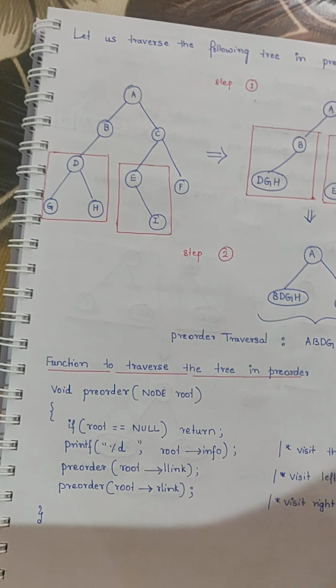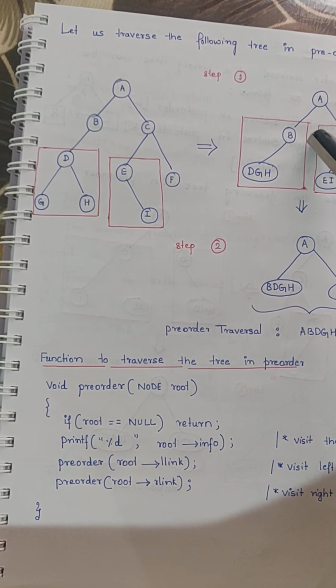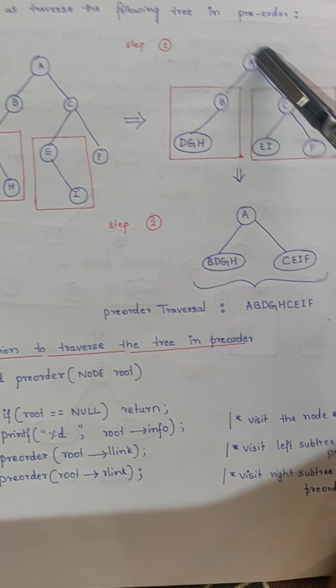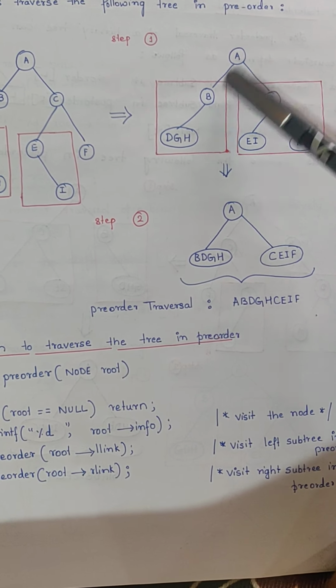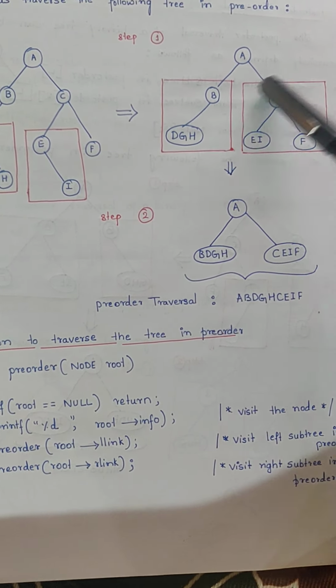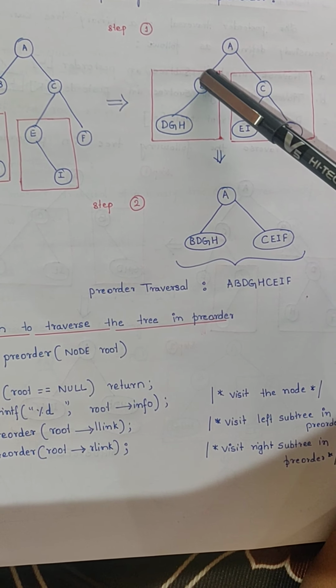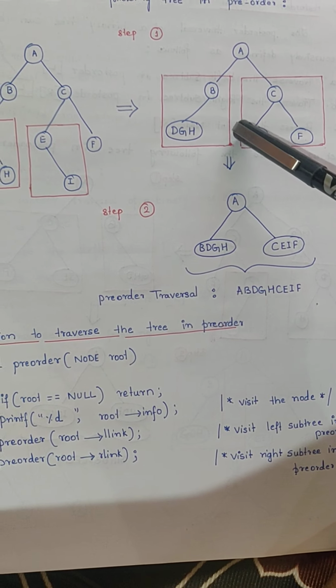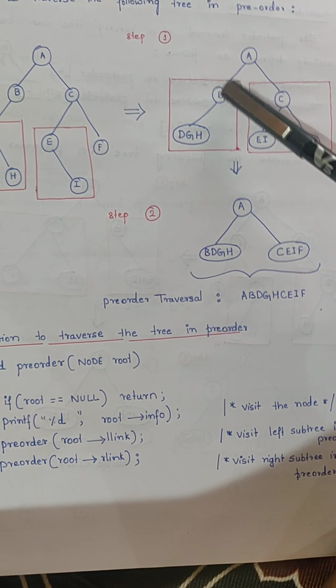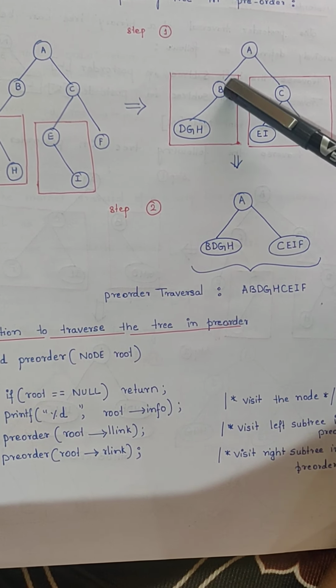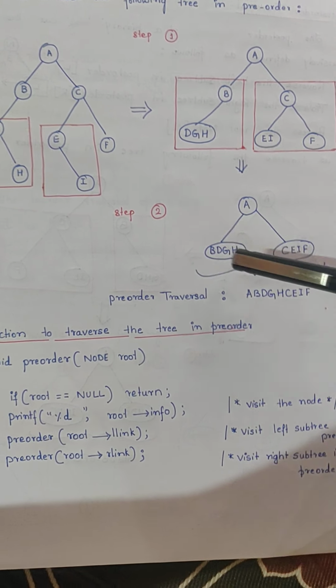Okay, so now if you take this as step 1, later A is the root node which is having a left subtree as well as a right subtree. If you are considering the left subtree, B is the root node. Here we don't have a right child, so forget that. So after B, D, G, H as it is.